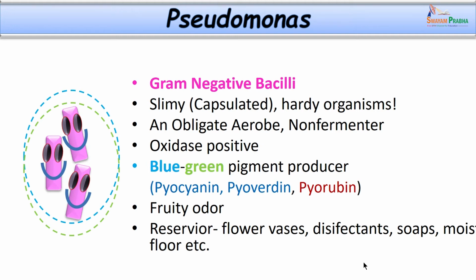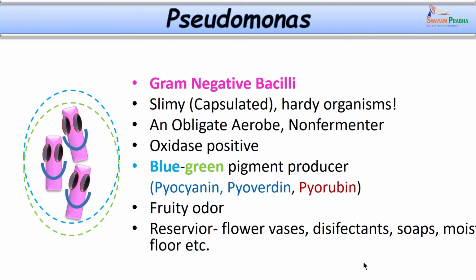That is because of the polysaccharide capsule present in these organisms, and Pseudomonas is the most important causative agent in cystic fibrosis. It is also important to remember that these organisms are very hardy, which means they can survive anywhere in the hospital, in any moist areas. They are found in the toilets, in the sink, in the flower vases, on the soaps, disinfectants, you name it. These organisms can be present anywhere in and around the patients.